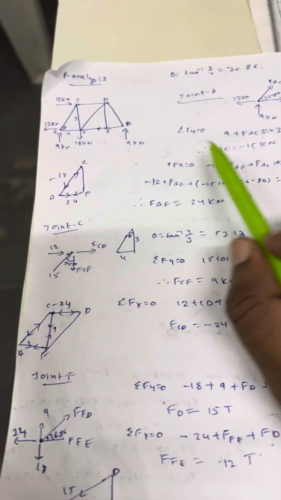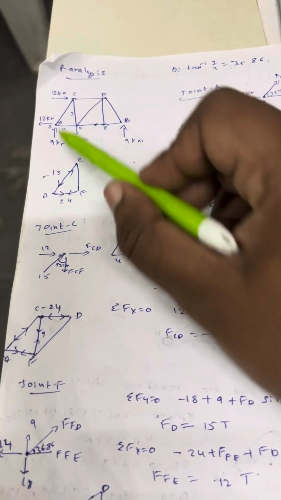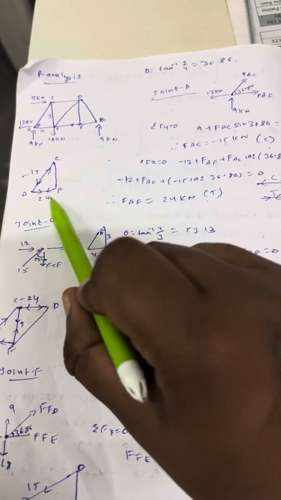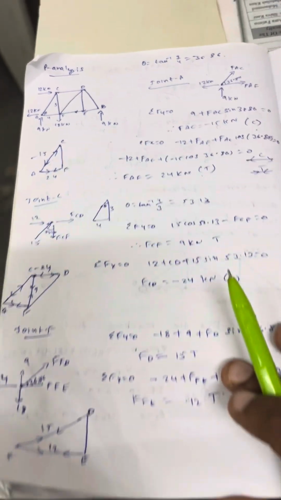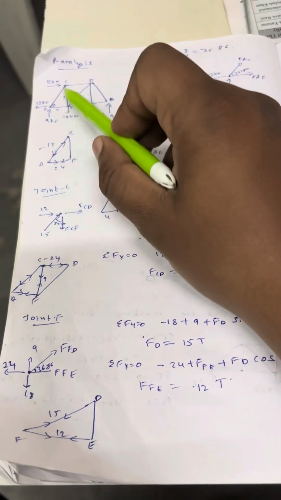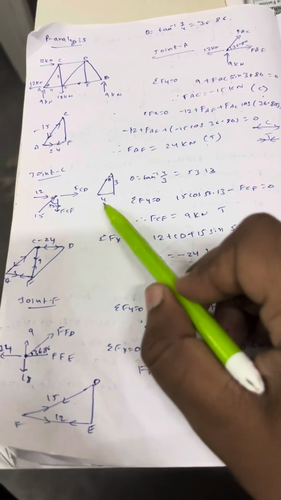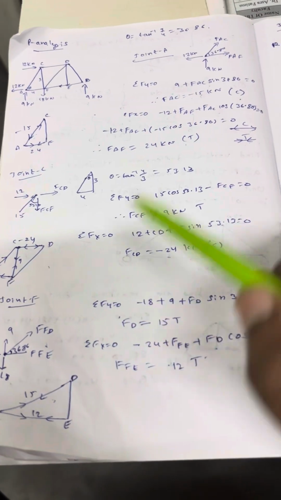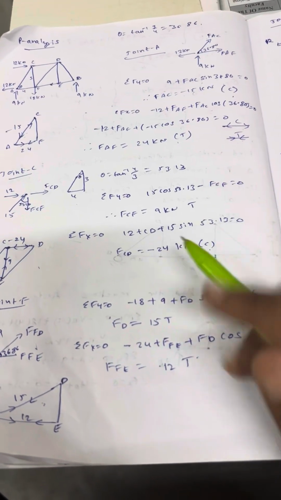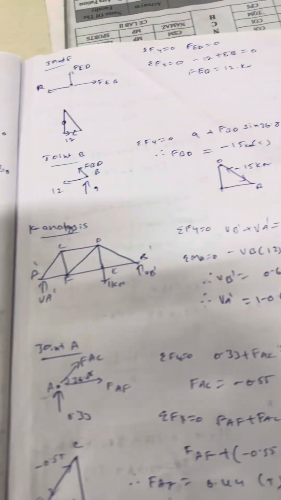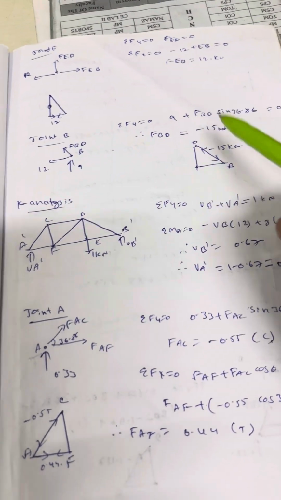So minus 15 I am showing here in this way, and in AF tension is in this way. Next I am going to joint C. So joint C free body diagram. Joint by joint we need to go and apply sigma Fy equal to 0, sigma Fx equal to 0. In that way we can calculate all the forces in the members.